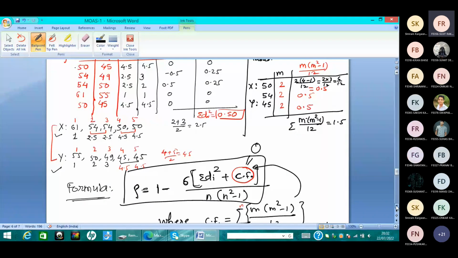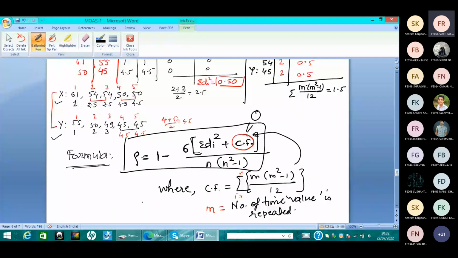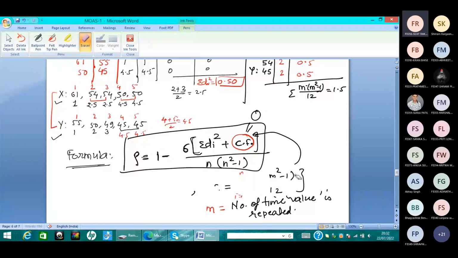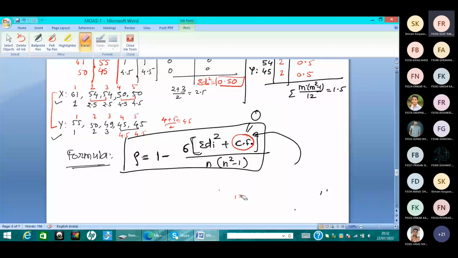These two things you have to remember. The correction factor we have found out, and now I put it inside the formula. Okay, I erase this. Hope you understand it very comfortably.